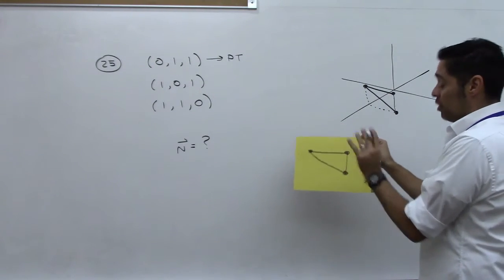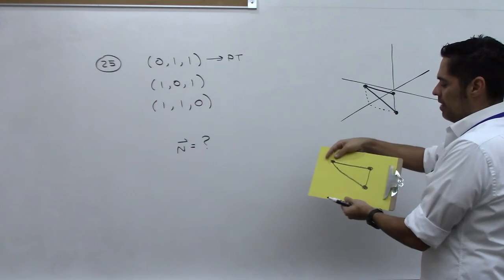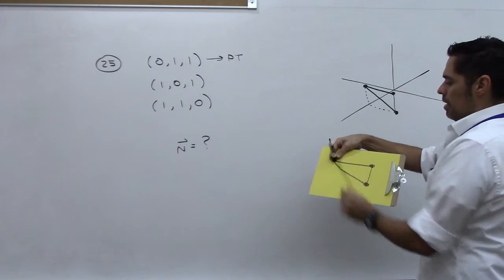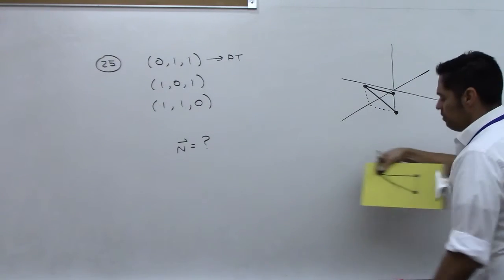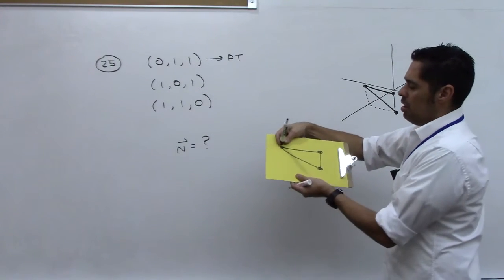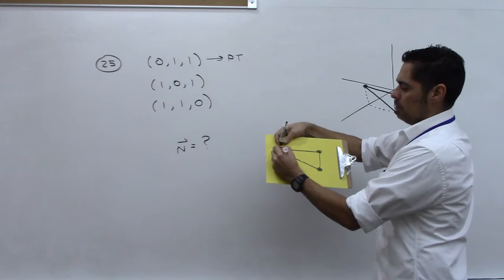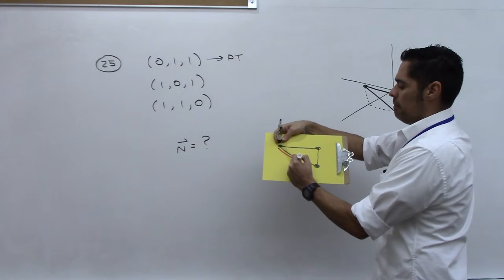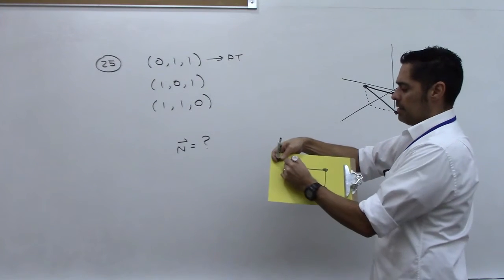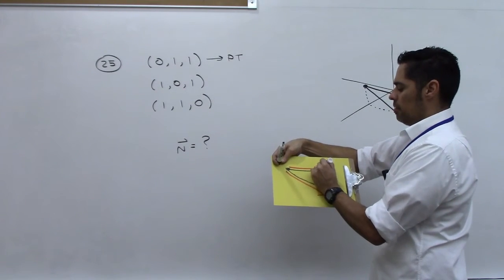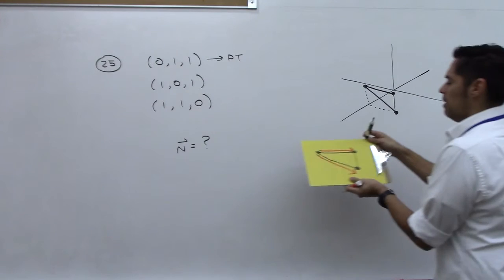Then what I could do to get that normal vector is create 2 vectors on my sheet of paper. The vector that would go from this point to this point, put an arrow on it because it's a vector. I could take this, which goes here to here. So let me label these.